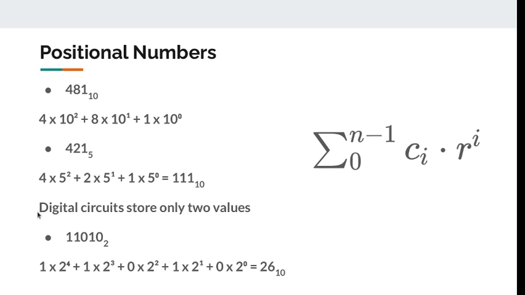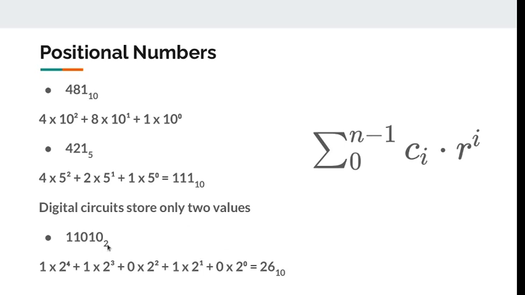And because of the nature of modern computers, we only store two values, right? Even if we move to another type of circuit, we only store two values, 0 or 1, if there's electrical current or if there's not electrical current.